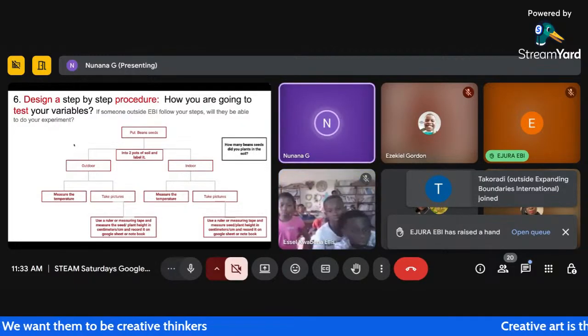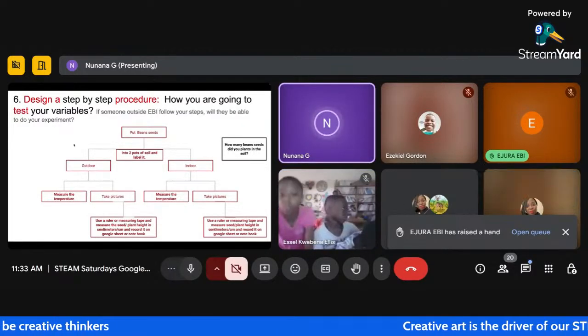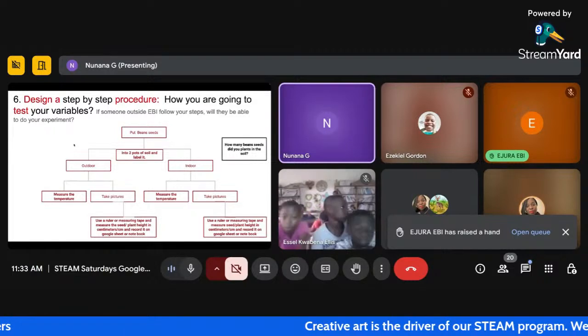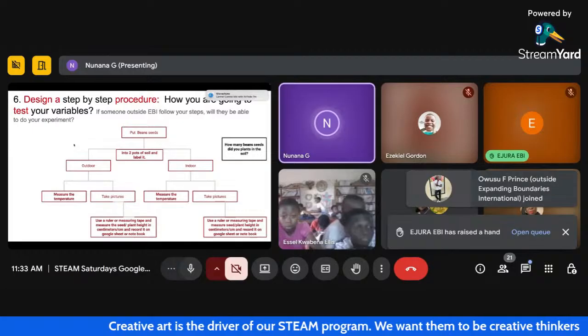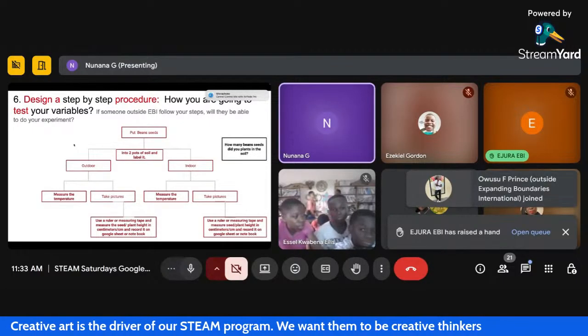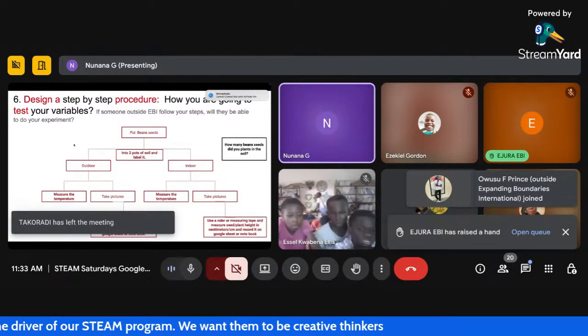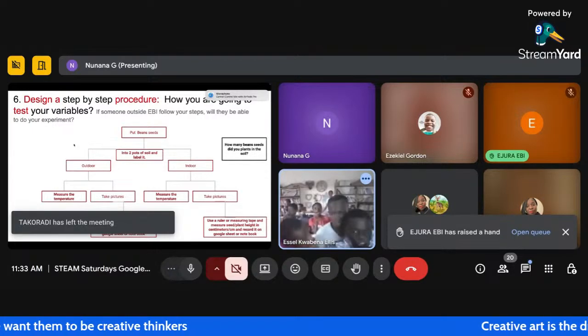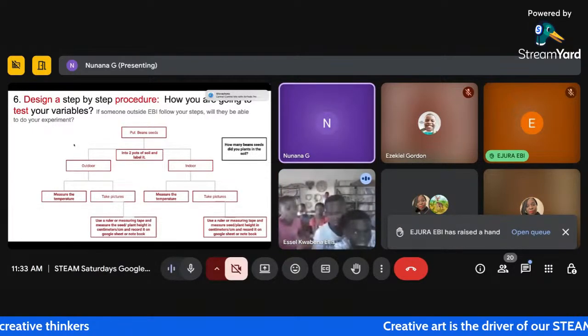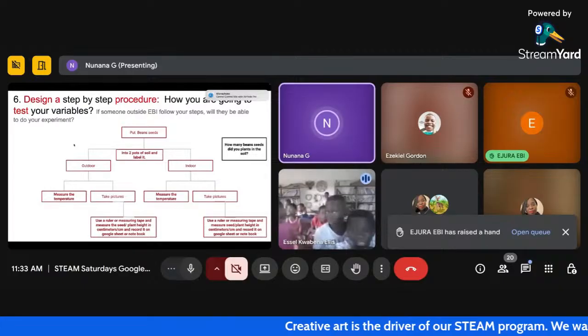Okay, perfect. So now somebody tell me your hypothesis. Which one do you think will grow the fastest? Which group? Indoor. Wait. Why? So, Naima, you first.